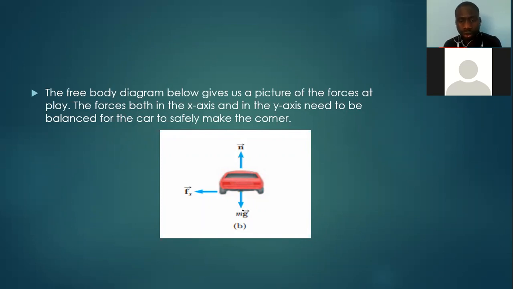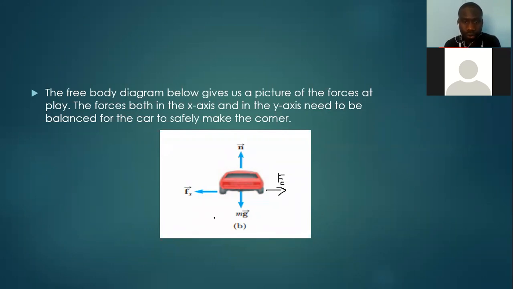But since the car is not accelerating downward, it's not going below the ground, it's on the surface of the road, there's another force, the normal force, upward. With that normal force, we can calculate the friction force. The friction force will be in this direction, and the centripetal force will be in that direction. Centripetal force will always be in that direction.